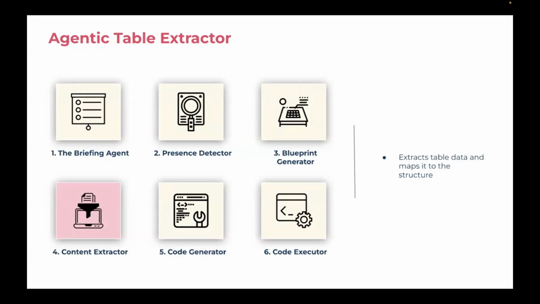So agent 5, in case you have a specific JSON format in which you want to extract this output, generates a small Python program that converts the raw data into your desired format. And this agent even double checks its own code and fixes it if there are any mistakes, and retries a couple of times if needed.